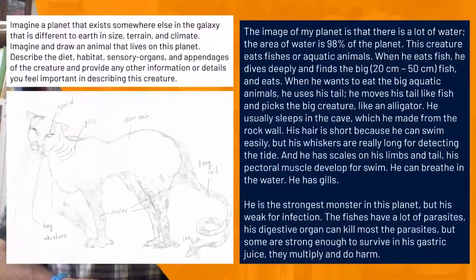I'll just quickly show you an example of what I've done before. Here is just a prompt, the one up here on the top left. Imagine a planet that exists somewhere else in the galaxy that is different from our Earth. Then you have to come up with a creature that might be living there. It's a writing assignment where they have to write about this creature, and they can also sketch it out and draw it.